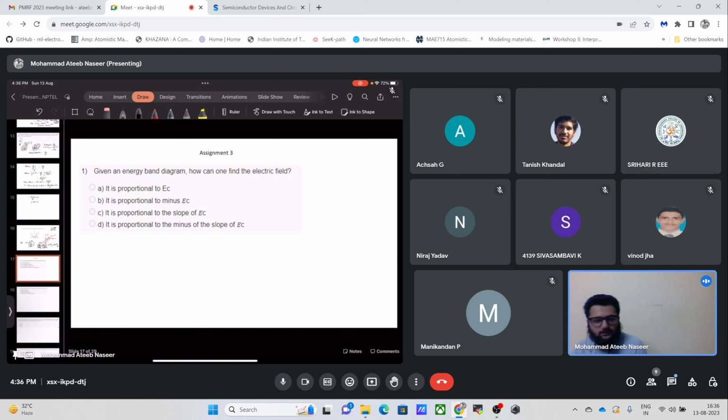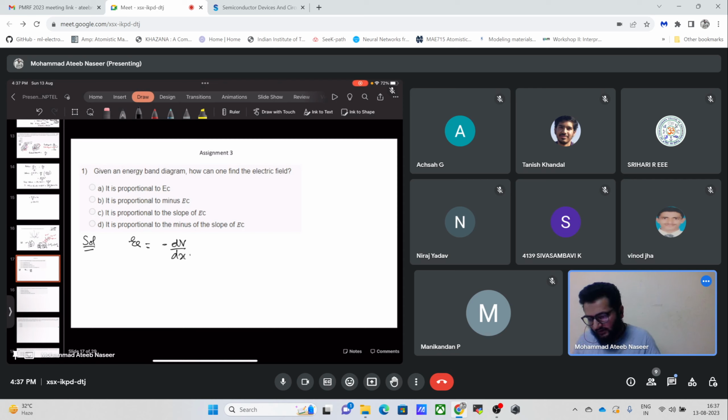Now you all must be knowing that this electric field, if I consider in 1D, is simply equal to minus dV by dx. You all know this: the integral of E dot dl is V, that we all have studied previously.